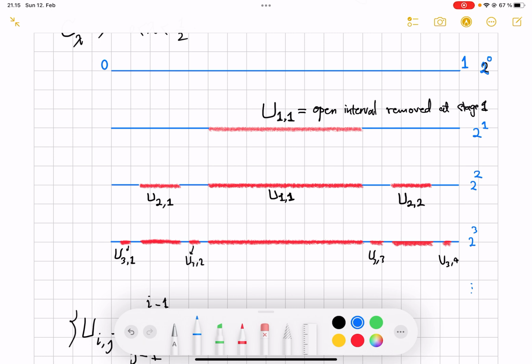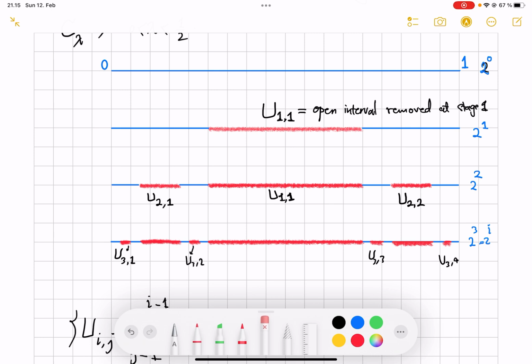Now, how many new intervals will be removed in the next stage? So if this is 2^i, in the next stage, the number of reds, the number of removed ones, so where do removed come from? Exactly, for each of the blue in the previous stage, you remove the middle.